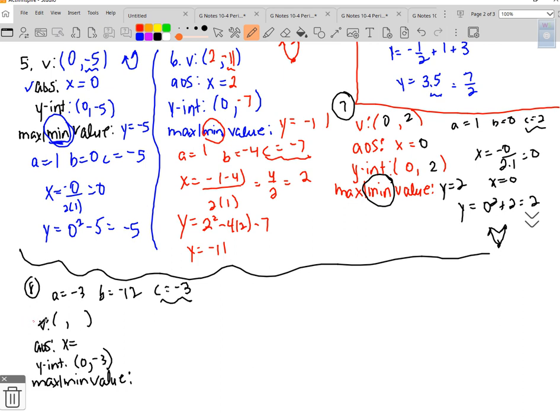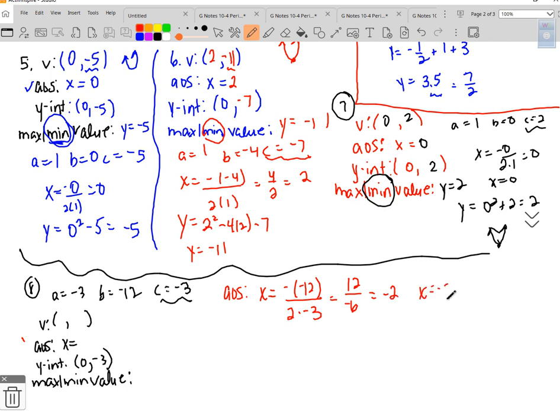Okay, to find our vertex, first we find our axis of symmetry. So that's x equals the opposite of b, so the opposite of negative 12, divided by 2 times a, which is negative 3. So 12 over negative 6 is negative 2.